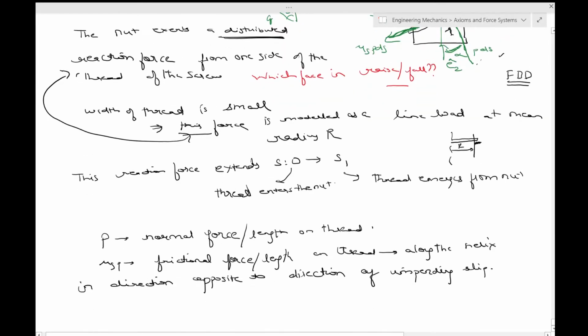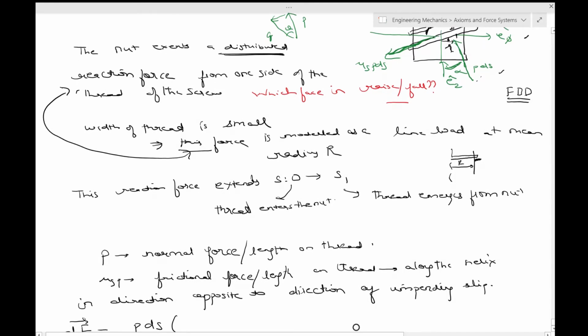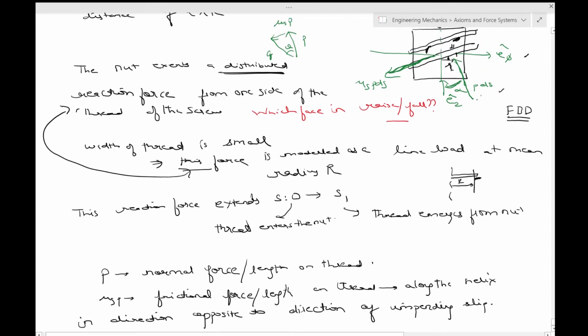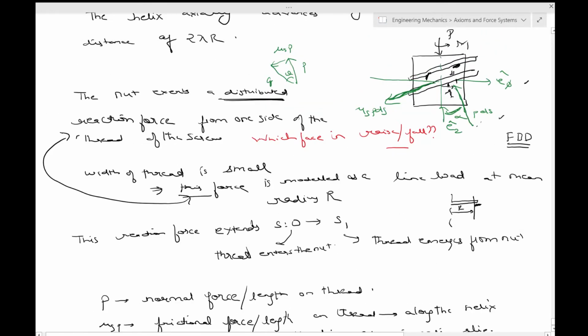So we want to write dF. Let's first write the normal. The normal one has to be broken down into the E phi and Ez directions. So cos will be along the Ez direction, and minus sine alpha would be along the E phi direction.